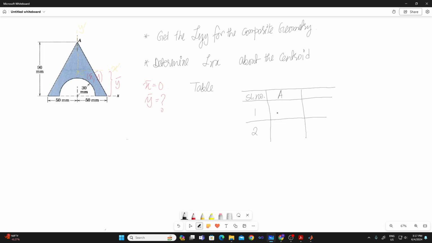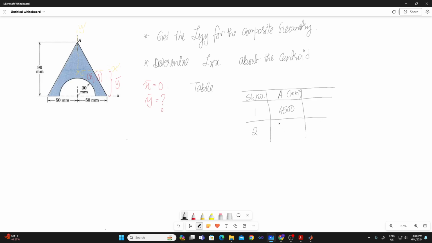Can you calculate the area? 4500 millimeter squared. And what is the area of the semicircle?